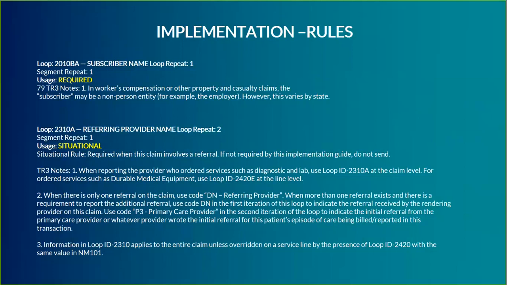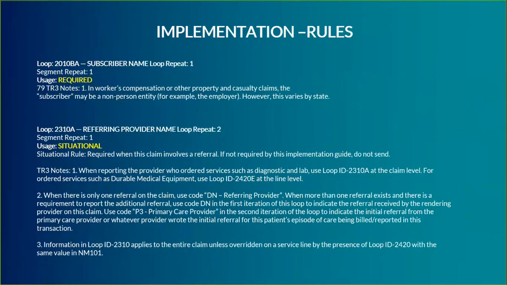Okay, and I just picked two, but I picked the subscriber name, so we saw up above in the actual loop that the subscriber is required, right? And so the first segment in a required loop is going to be required. Imagine that.